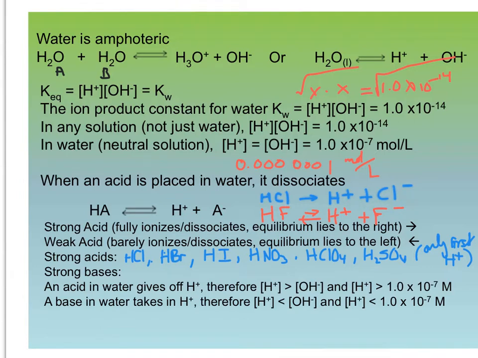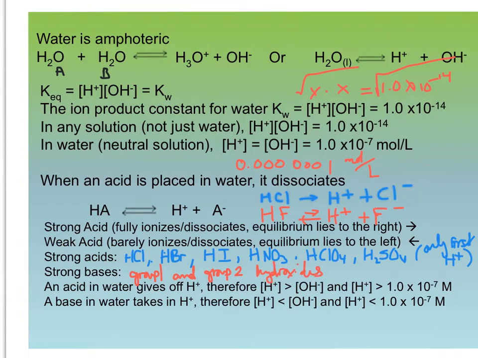Similarly, there are some strong bases and weak bases. So a strong base means it fully ionizes or dissociates, goes 100%. A weak base partially ionizes or dissociates to give off OH minuses. So the strong bases are group 1 and group 2 hydroxides.